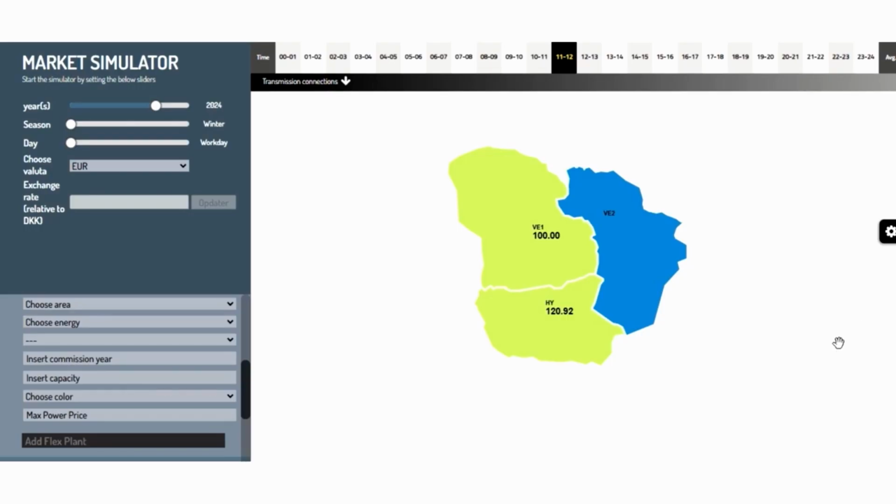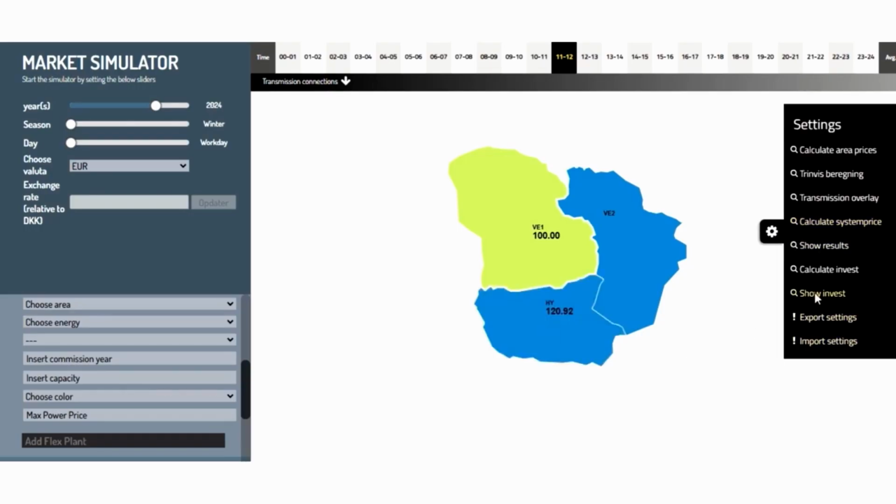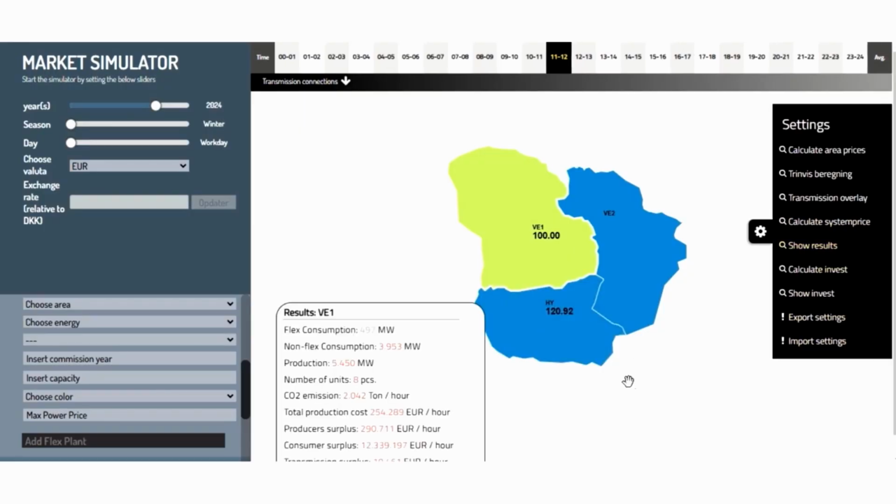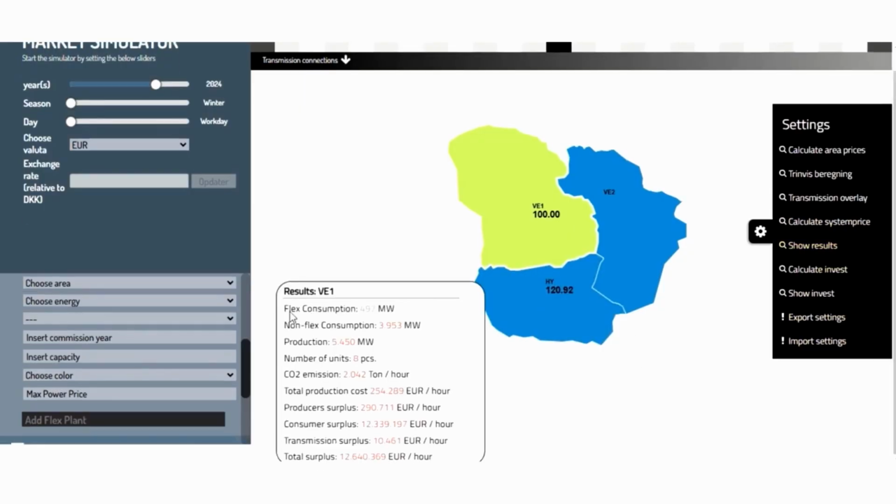If I click here on the show results for V1, I can see here show results. I can see that the flexible consumption is about 500 megawatt. It's not running full load.